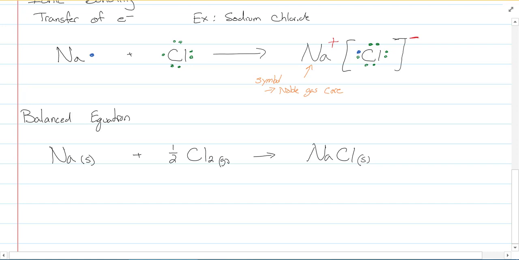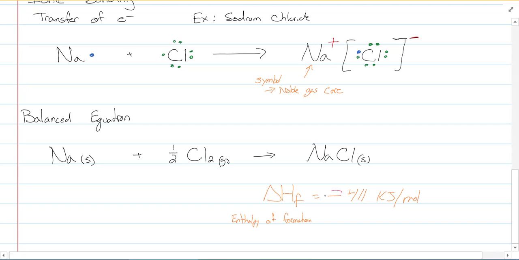So when this forms, we have something that we will learn later on called delta HF, which is basically heat transferred when this forms. It's called the enthalpy of formation. And that happens to be negative 411 kilojoules per each mole of sodium chloride produced.